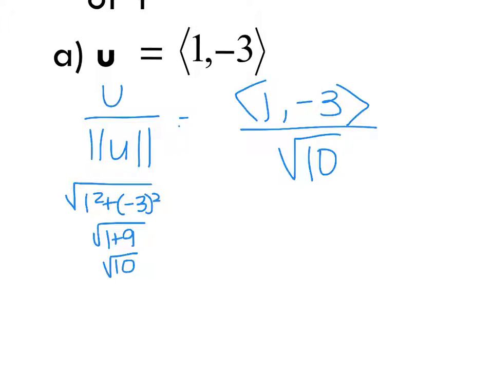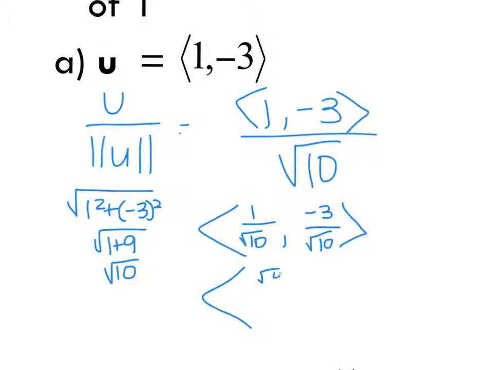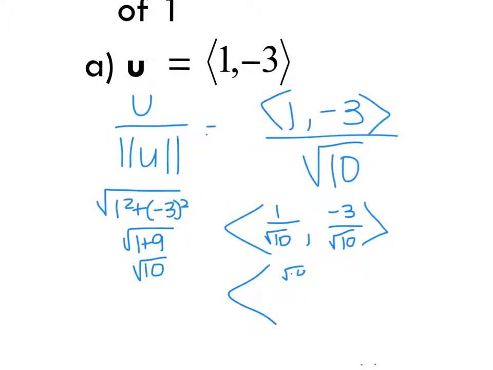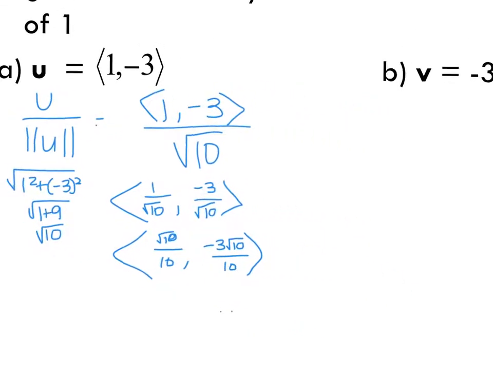So I'll show you two different ways. One is literally just split it. So it would be 1 over root 10 and then negative 3 over root 10. And then rationalize it. So I'd multiply both the top and the bottom by root 10. I get root 10 over 10, and negative 3 root 10 over 10. So you can either split it and then rationalize it, or you can rationalize it and then split it.